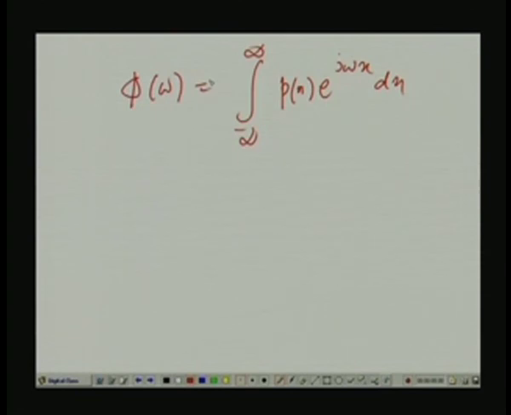You can see one thing, I repeat, we had phi omega equal to the integral of p x e to the power j omega x dx. Okay.